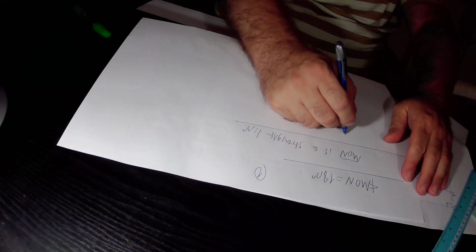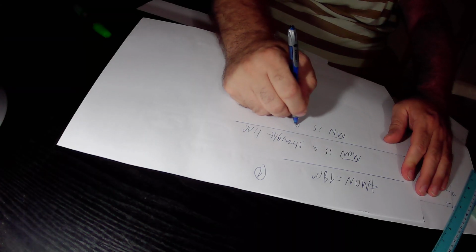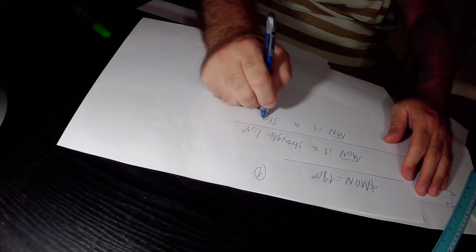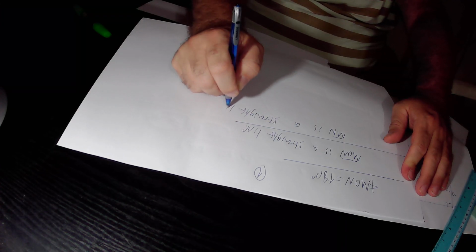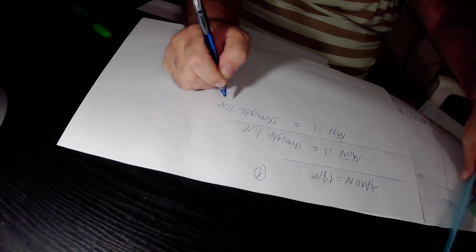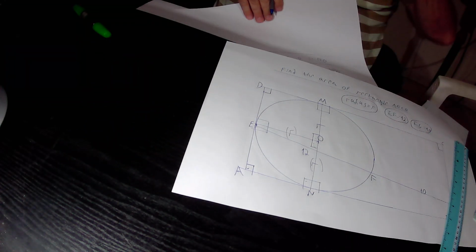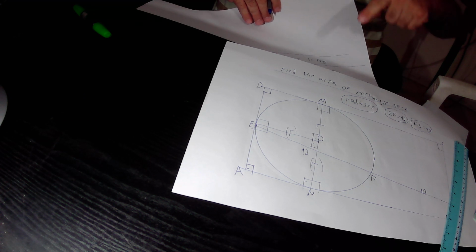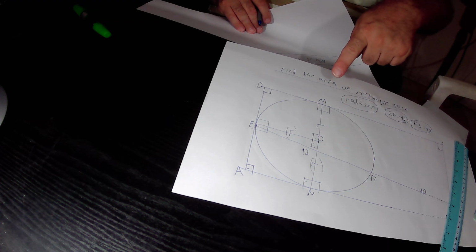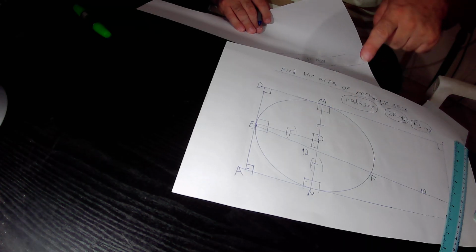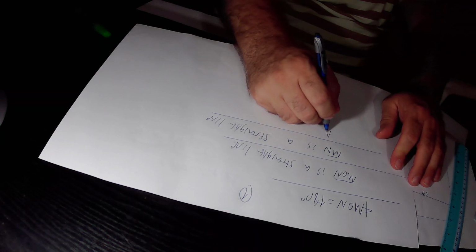So MN is a straight line that touches the circle at 2 points, M and N. Therefore, MN is a chord.